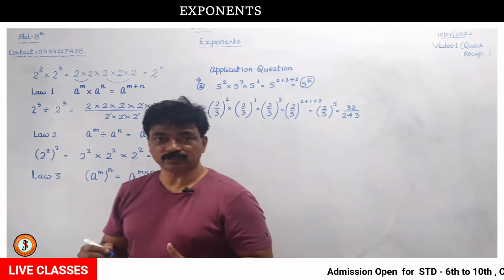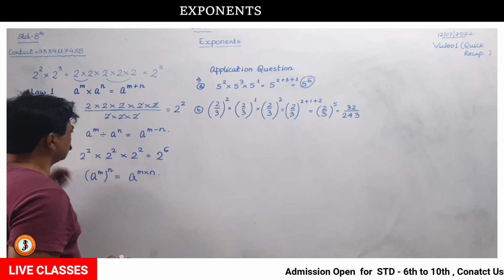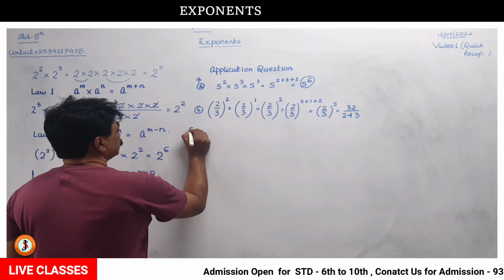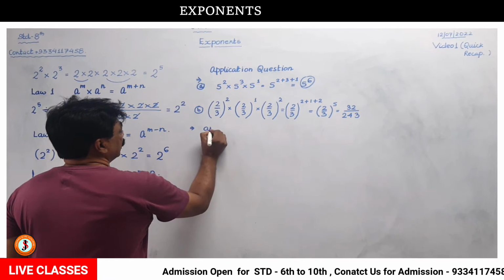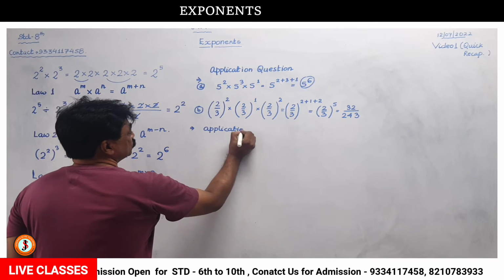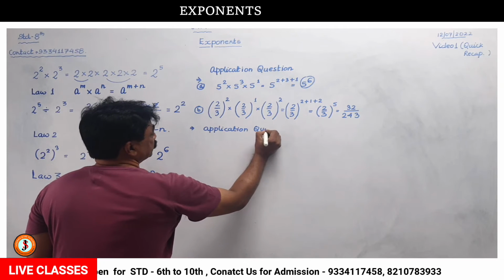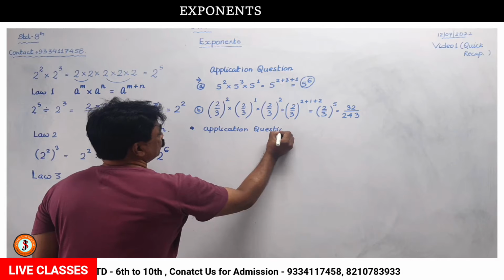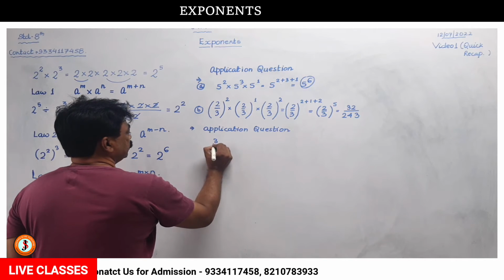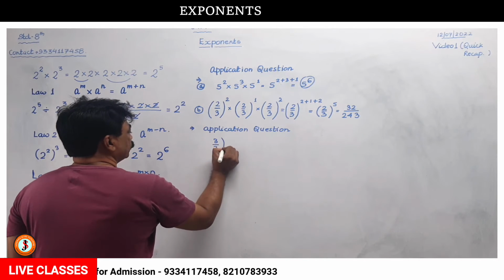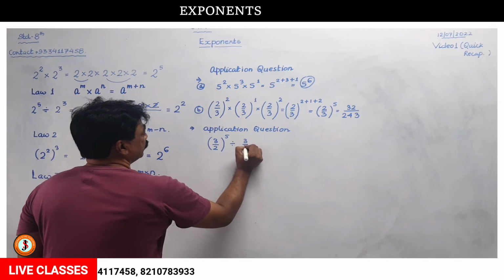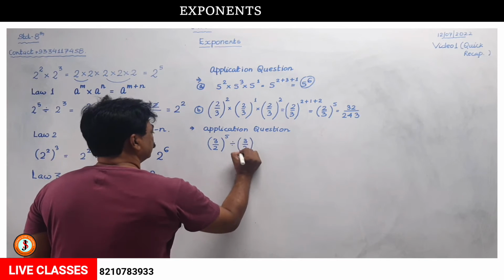Now let us have a look, children. Suppose you have division. Application question once again for the second law, basic application first. We have, for example, 3 by 2 to the power 5 divided by 3 by 2 to the power 3.